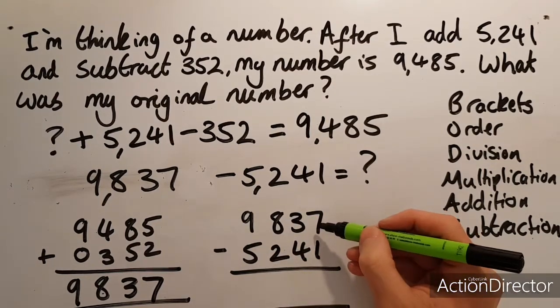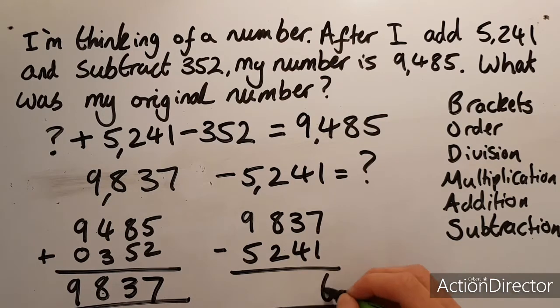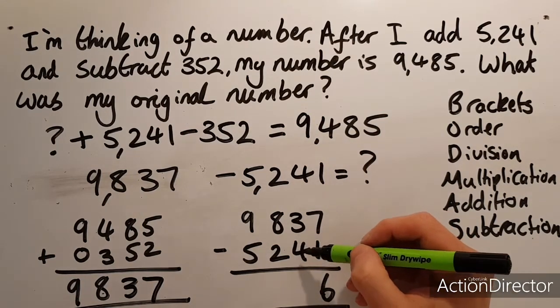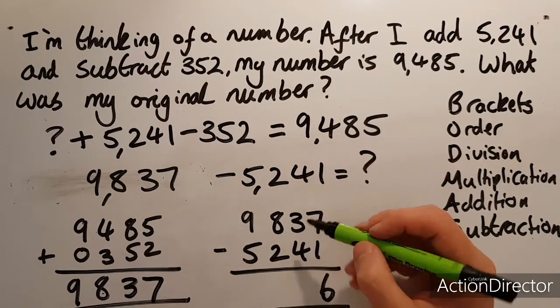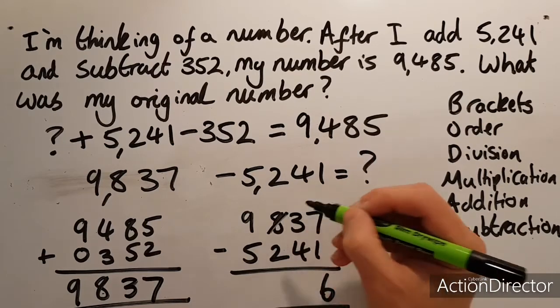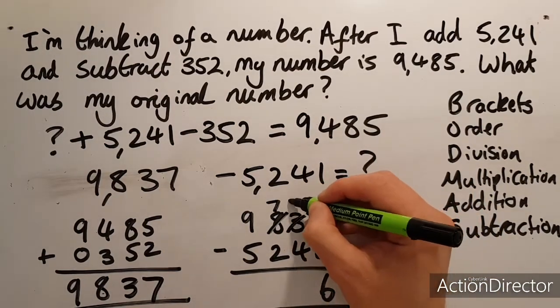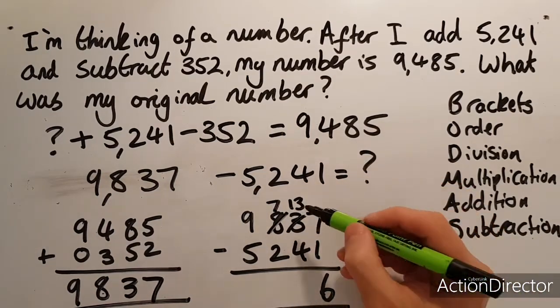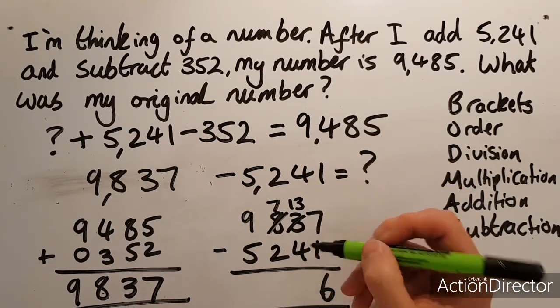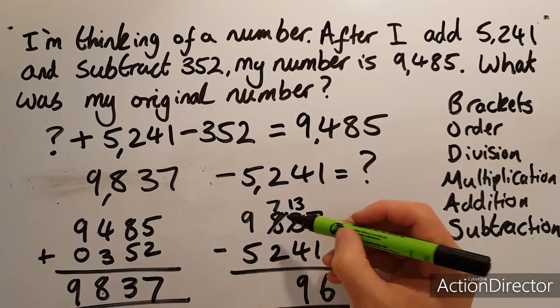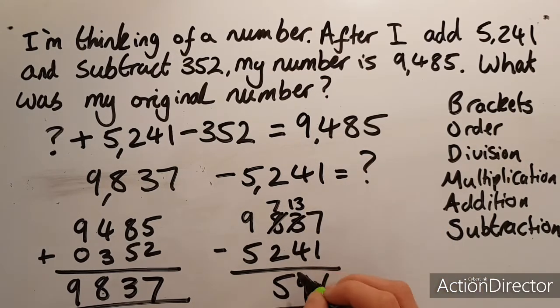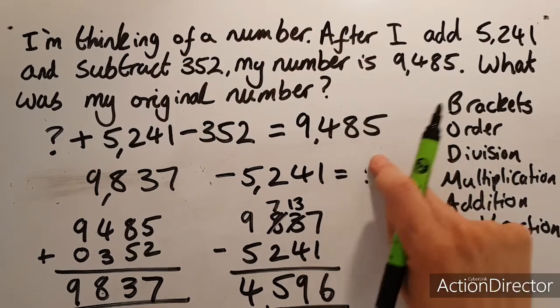So let's have a go. 7 subtract 1 gives me 6. 3 subtract 4, I cannot do. So I'm going to have to rename, exchange from the 8. My 800s will turn into 700s, and my 3 tens will turn into 13 tens. 13 subtract 4 will give me 9. 7 subtract 2 will give me 5. And then 9 subtract 5 will give me 4. 4,596 is my original number, and that's my answer.